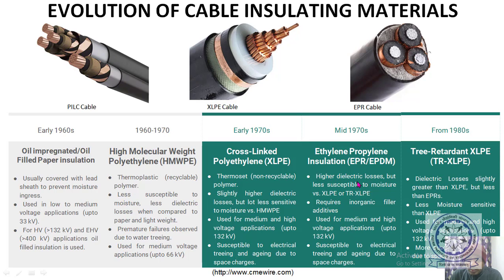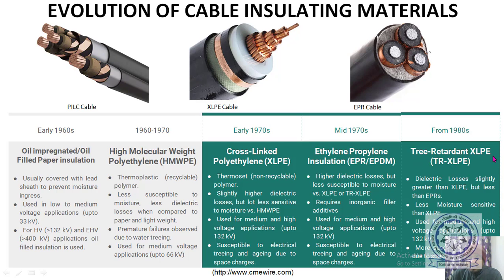It requires inorganic filler additives such as MgO, which are essential for this. It is used for medium and high voltage application up to around 132 kV, and even beyond that voltage it is successfully used. But it is susceptible to electrical treeing again, and aging due to space charges is also there in this kind of insulation.